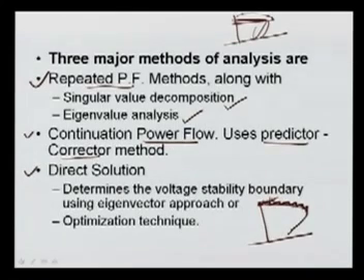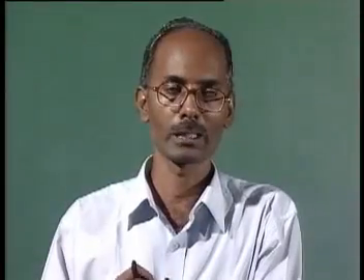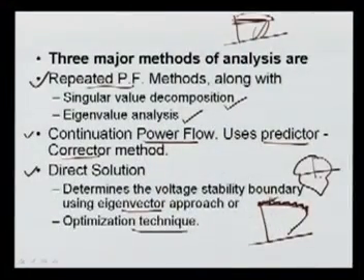For a system in n-dimensional space, we can get the boundary, and using the eigenvector approach we can say whether the existing point is well within the boundary, outside it, or on the boundary, and then assess the system voltage stability. Another is optimization techniques, where we measure how far we are, and using that method we can determine the voltage instability case.